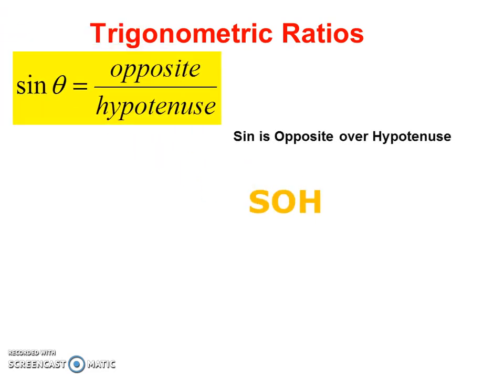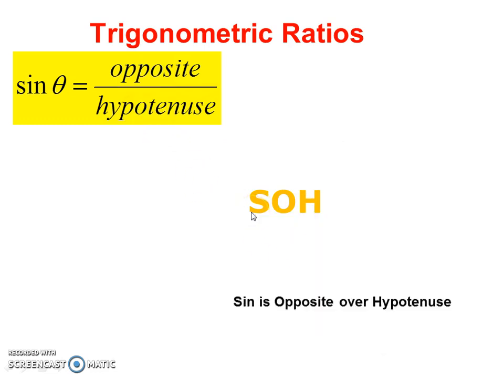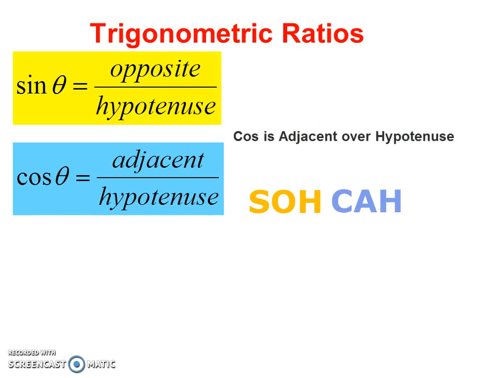Now, for sine, we say it's opposite over hypotenuse, and we can write it in fraction form, and we use the letter S to stand for sine, O to stand for opposite, and H to stand for hypotenuse. For cos, it is the adjacent side over the hypotenuse side, so we can write it in our fraction form like this: cos, the C, A, adjacent, H, hypotenuse.